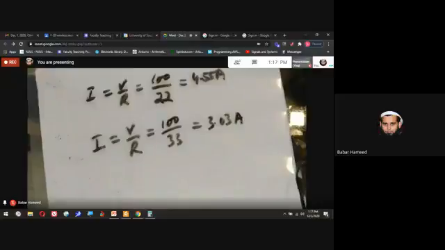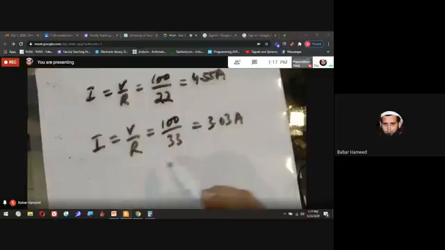Now it's a question for you guys. For 50 volt and resistance of 47 ohm, what will be the value of current? No worries, sir. We can use the formula of 50 over 47.